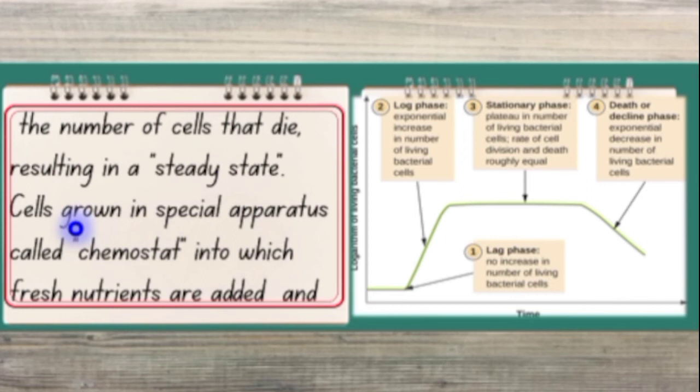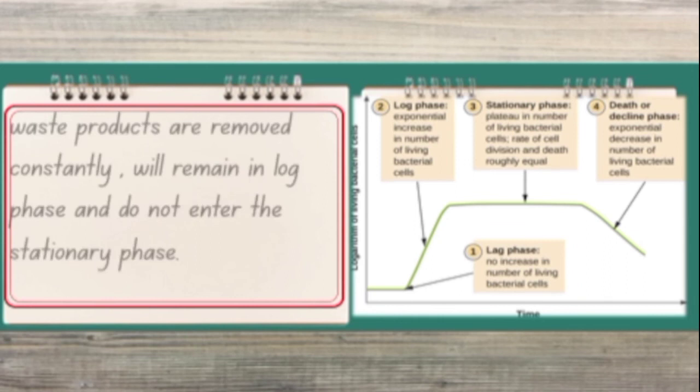The scientists do what we call addition of fresh nutrients into the medium, or into the chemostat. This is the special apparatus wherein bacterial cells are grown. So what's the purpose of this? Adding fresh nutrients to the medium and removing the waste products constantly.